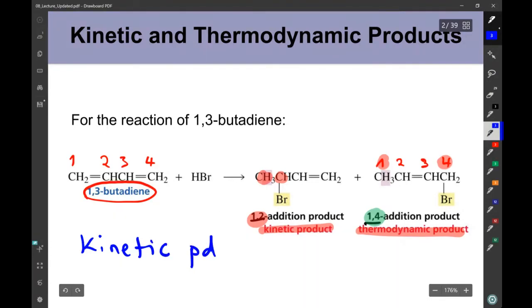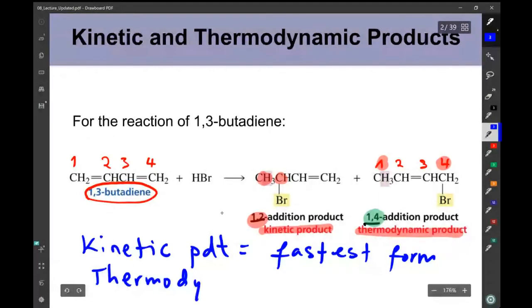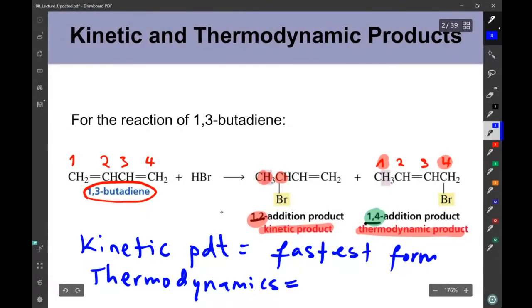So kinetic product equals fastest formed, whereas thermodynamic equals most stable.